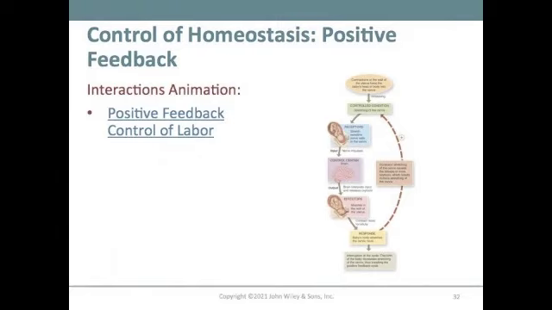And then there's an interruption in the cycle by the birth of the baby, and that decreases the stretching of the cervix, and that breaks the positive loop there. Otherwise, the stretching of the cervix causes the release of more oxytocin, which results in more stretching of the cervix. So that's the idea of the positive feedback loop.